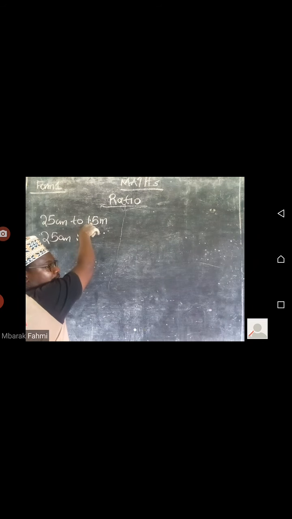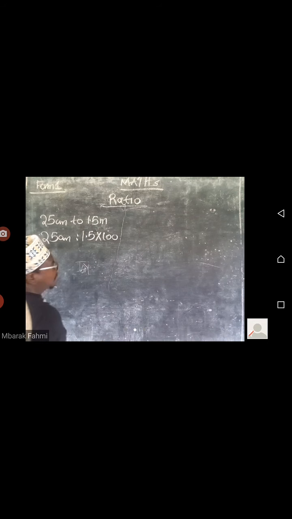So like this one now, we can say the ratio is 25 centimeters is to, this one you convert into centimeters. To change meters into centimeters, you simply multiply by 100 according to the units of measurement.